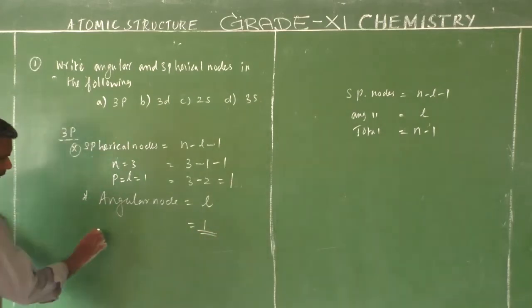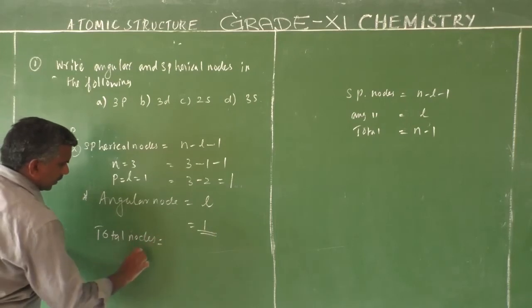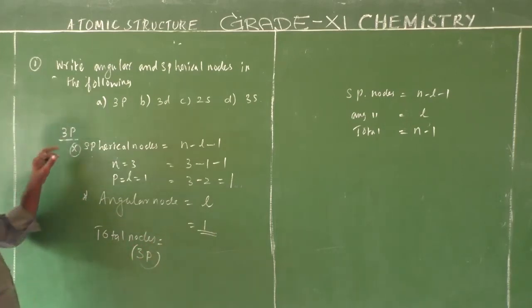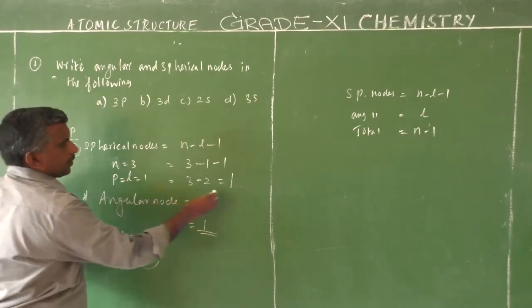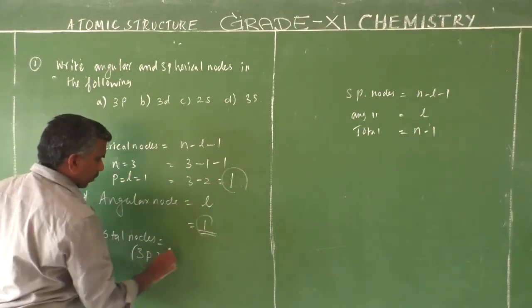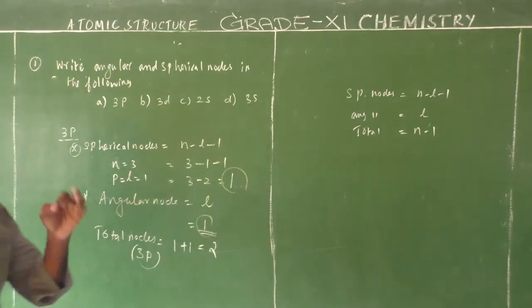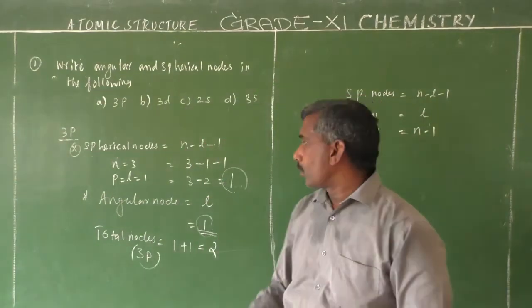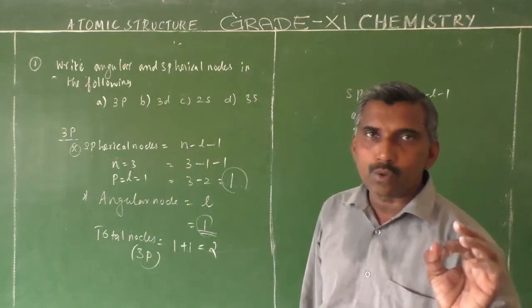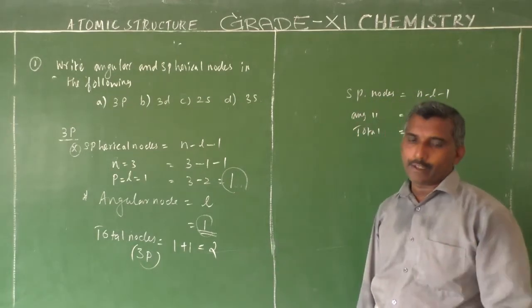Total nodes for the 3p orbital is the sum of the spherical node and angular node: 1 plus 1, so the total number of nodes is 2. In 2 regions, the probability of finding an electron is 0, and in the other region the electron can be found.